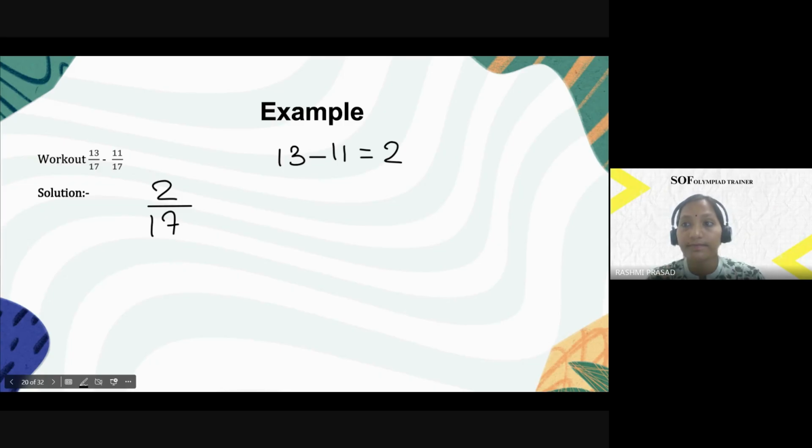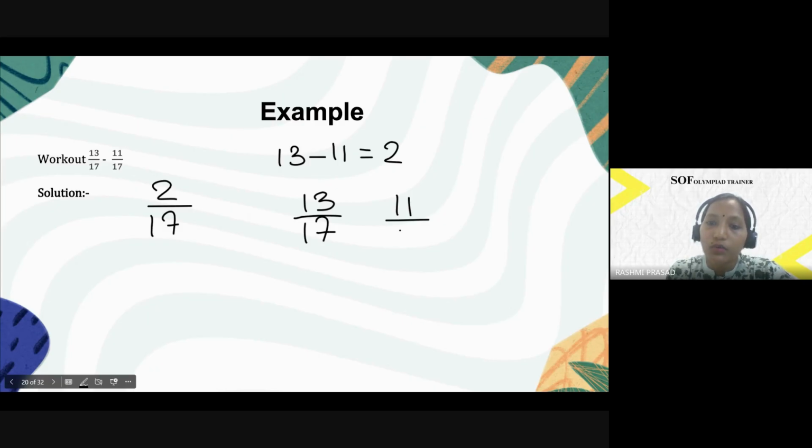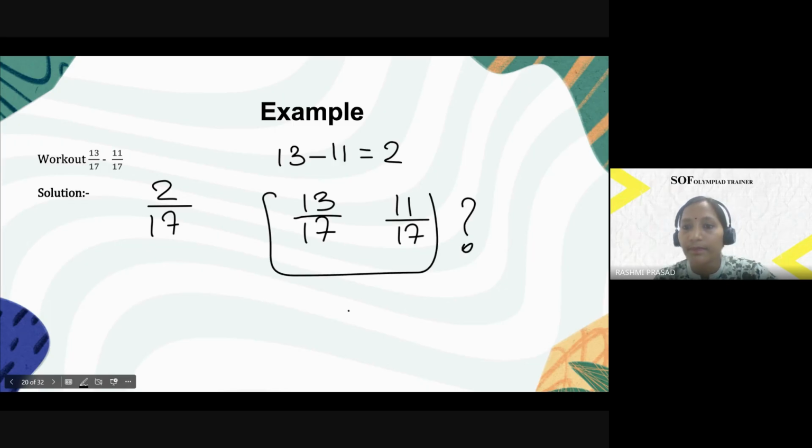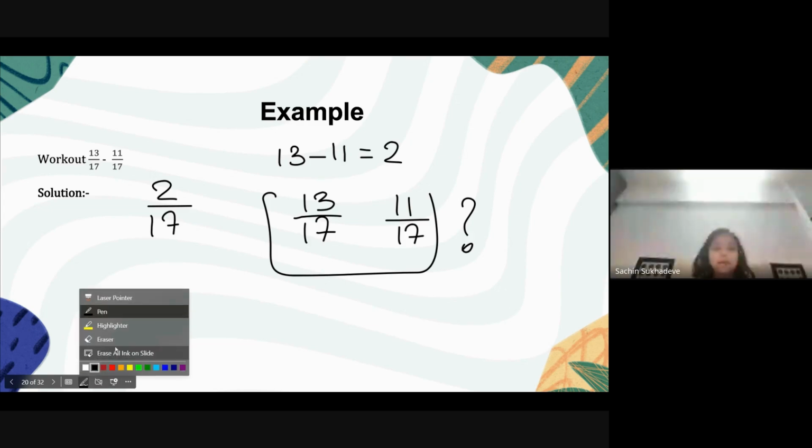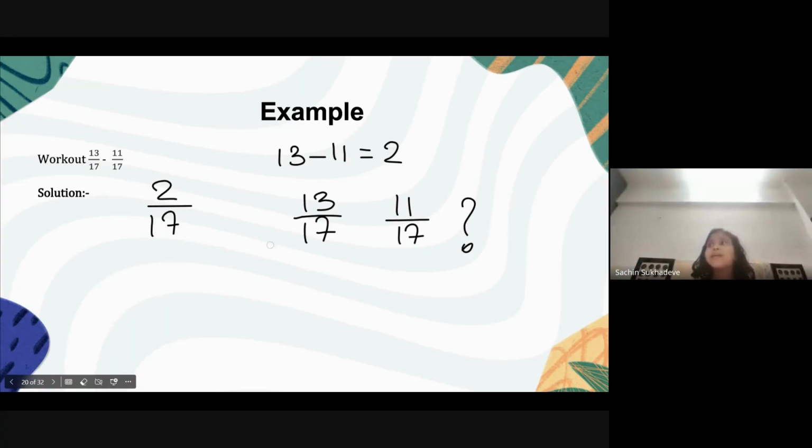Quick, quick. Forgot or what? Acha, can you see what numbers are here? The fractions written are 13 over 17, 11 over 17. Are these two like fractions? Actually, ma'am, fraction is a new topic for me, so I don't know that much.